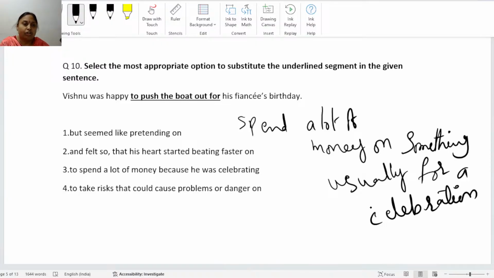In that case, what will come? But see, you to be pretending. Pretending is nothing but faking something. So next we have "and felt so that his heart started beating faster." He is feeling somewhat uneasy. And next, "to spend a lot of money because he was celebrating." So this is a correct answer.